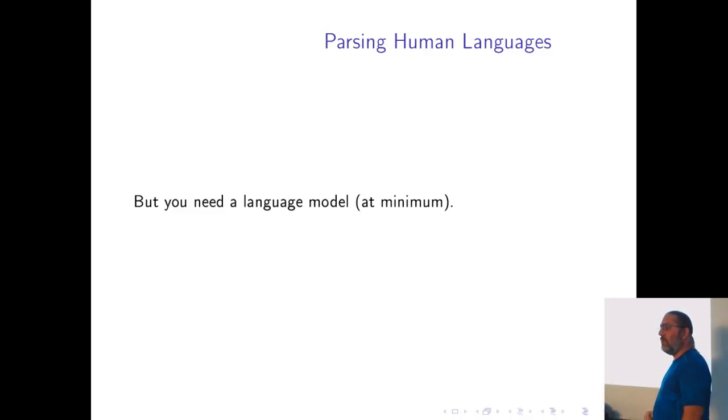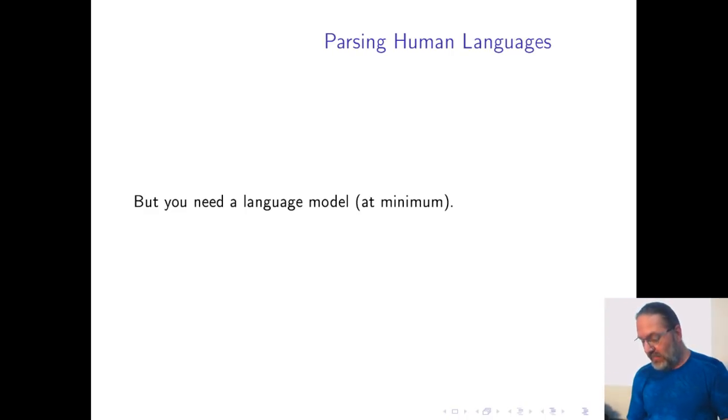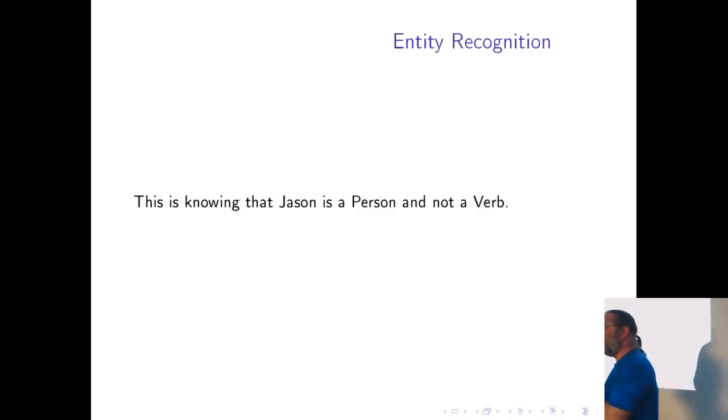In order to process languages using the NLP toolkits that we're talking about, you're going to need a model. Luckily, Spacy comes with a bunch of models, and you can train your own model. That's one of the things we're going to be talking about tonight. Entity recognition. That's where we're going to be focused tonight. Entity recognition is how you know that Jason is a person and not a word.